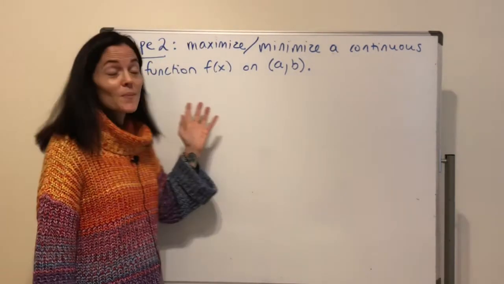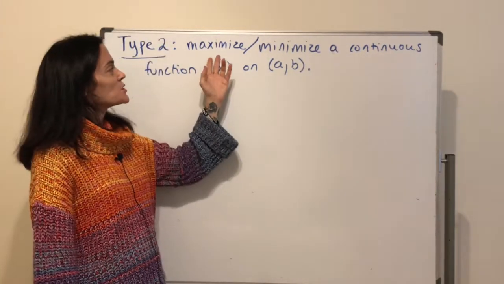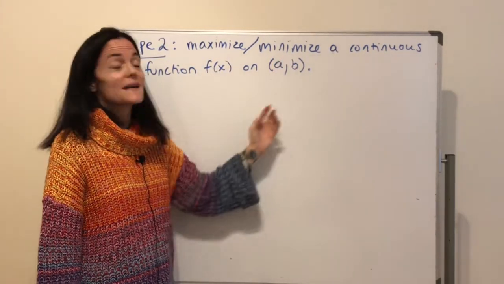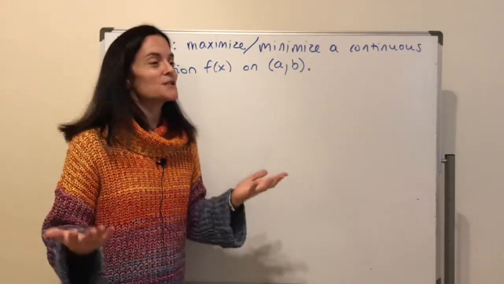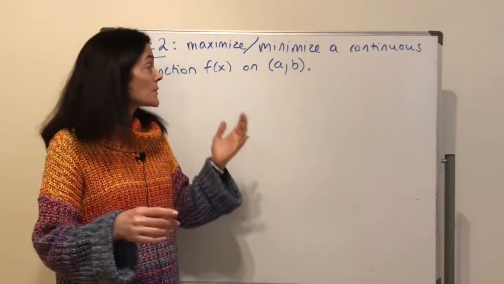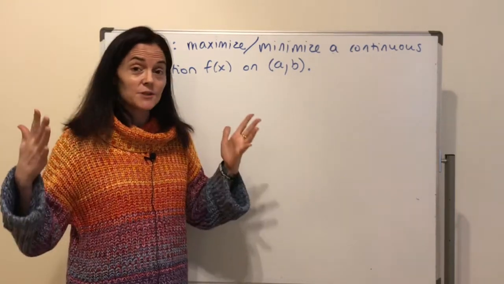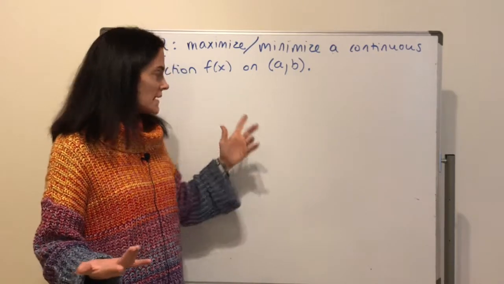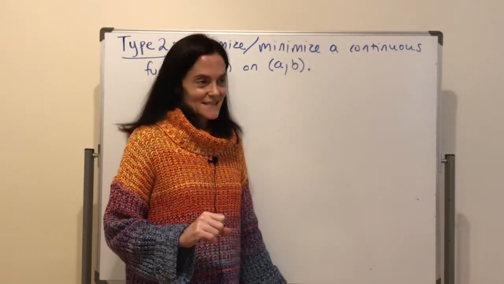So another possibility, which I have written as type 2, is we want to maximize or minimize a continuous function on an open interval. And this is more challenging. For example, a global max or global min doesn't necessarily have to exist on an open interval. But there are some things that we can say.